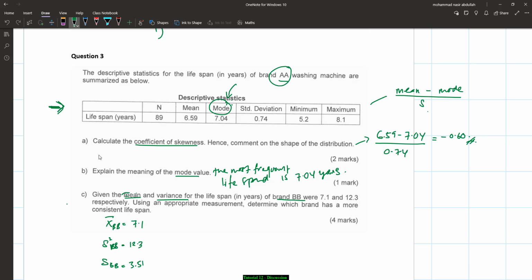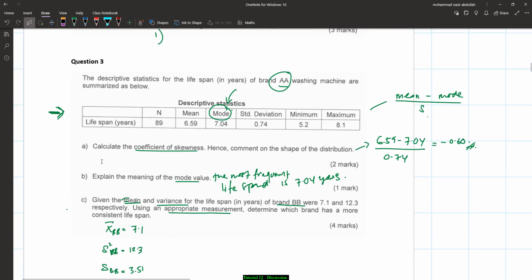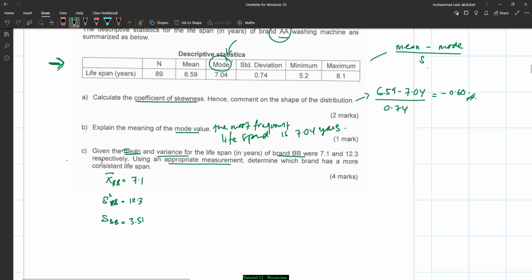So using appropriate measure, determine which brand has more consistent life. So this is same as before. We need to find the coefficient of variation lah. So coefficient of variation, let's say kita letak BB and AA. So kita buat dalam bentuk table, senang kita nampak. So CVBB should be S divided by mean.